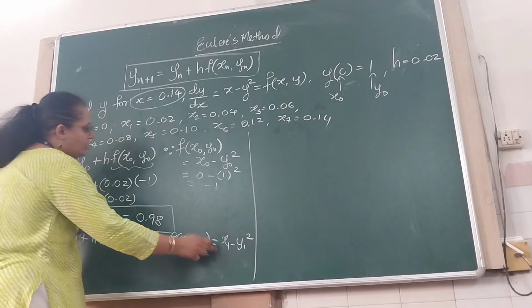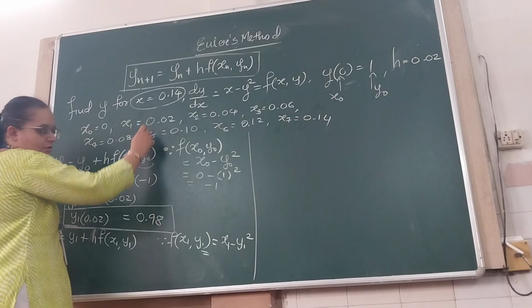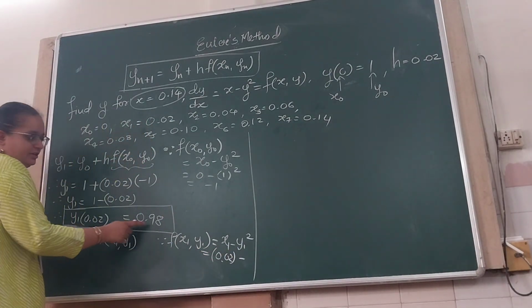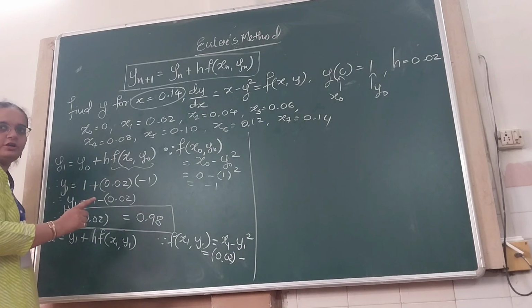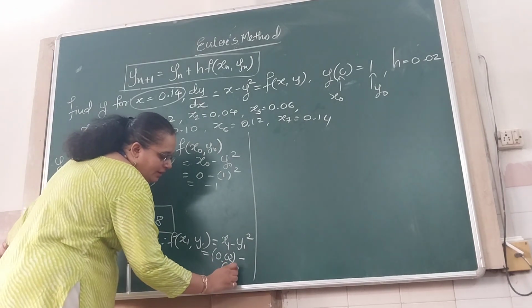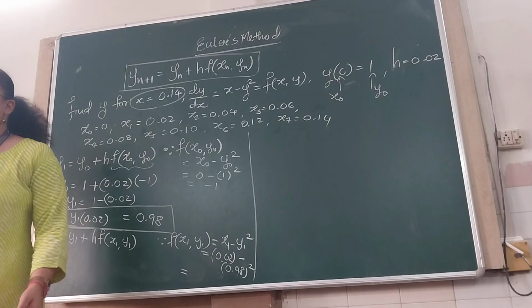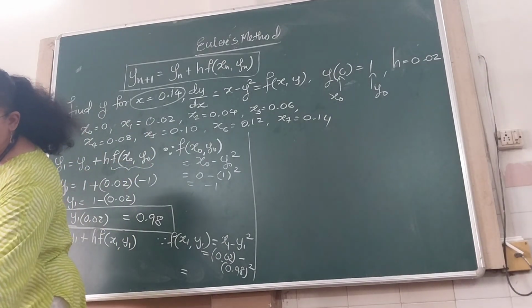What is my x1, students? 0.02. And minus, what is my y1, which you have, 0.98, square. So if you calculate this, what will be the answer? Everyone is having the calculator?